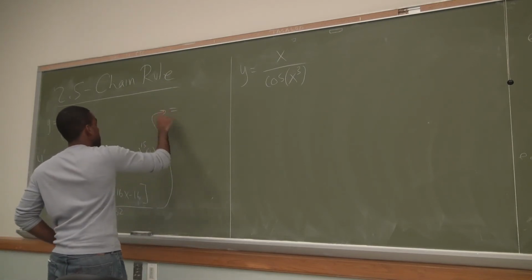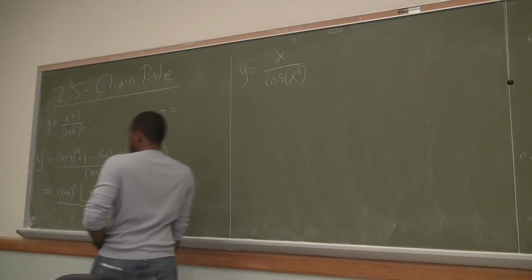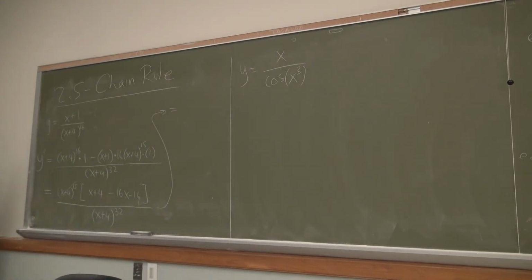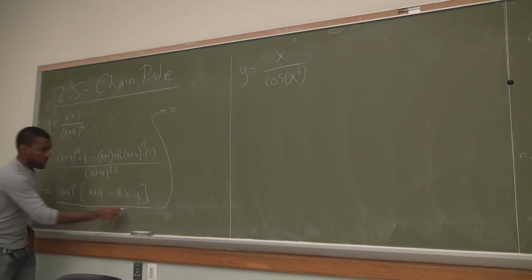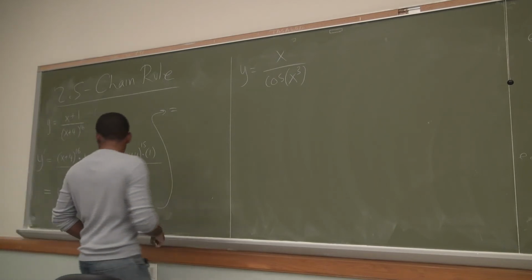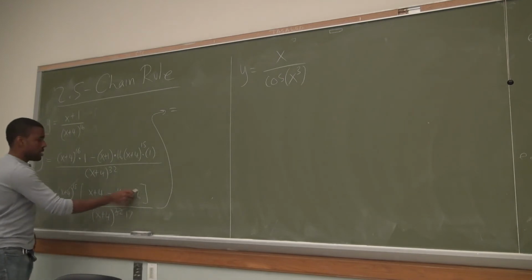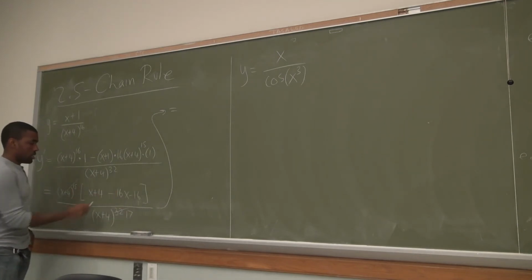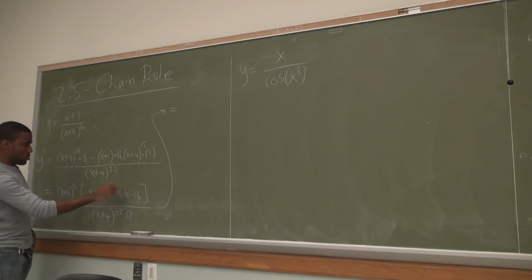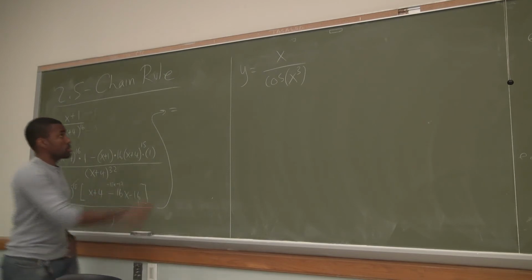Now we can actually simplify. What's left? 17. And then this guy here is just minus 15x minus 12.